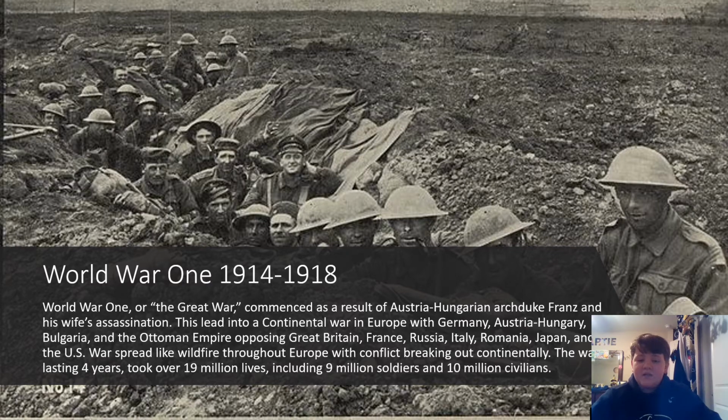Germany, Austria-Hungary, Bulgaria, and the Ottoman Empire were up against Great Britain, France, Russia, Italy, Romania, Japan, and the U.S. The war in Europe spread like wildfire, with the conflict breaking out continentally. And the war lasted 4 years, taking over 19 million lives, with over half of them being civilians.